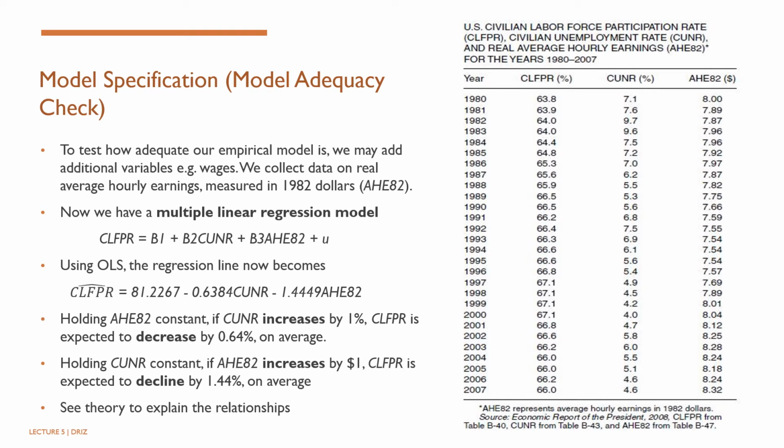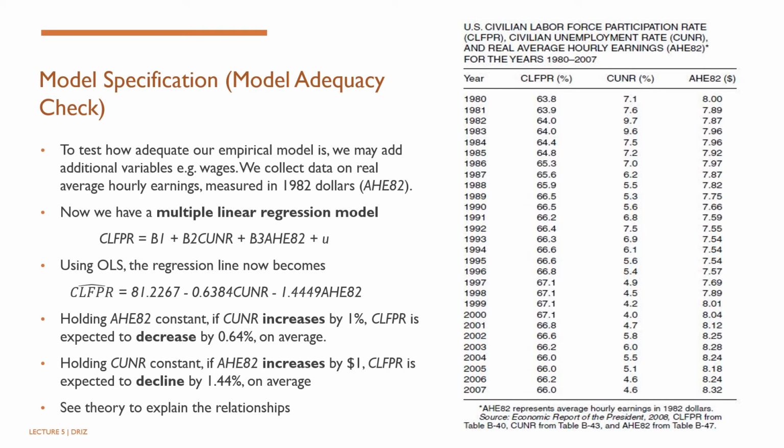The negative coefficient of CUNR suggests that holding the influence of real average hourly earnings constant, a 1% increase in the unemployment rate leads to, on average, about 0.64% decrease in labor force participation rate, perhaps once again supporting the discouraged worker hypothesis. On the other hand, holding the influence of unemployment rate constant, an increase in real average hourly earnings of $1 on average leads to about a 1.44% decline in labor force participation rate.